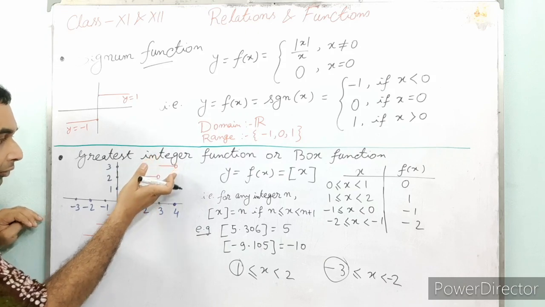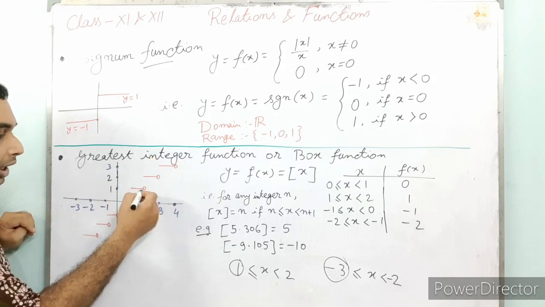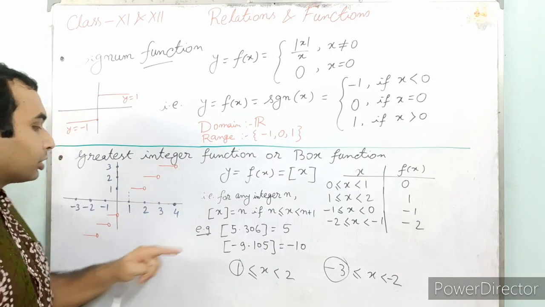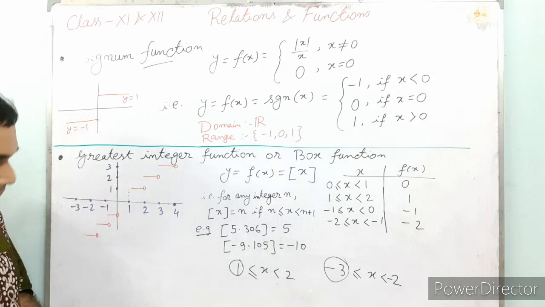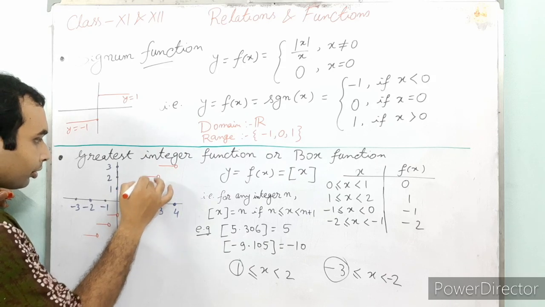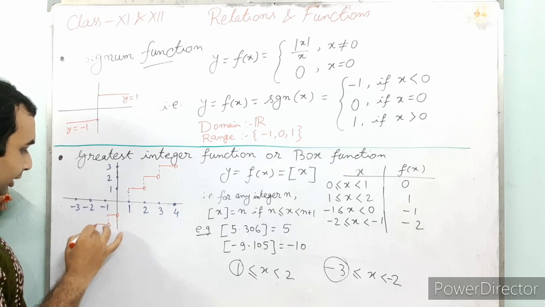Here the graph also looks like this. Just see those small circles, they represent that it will not take those values. Actually it looks like steps.